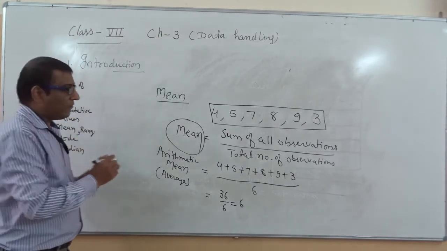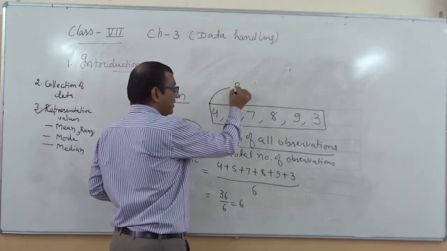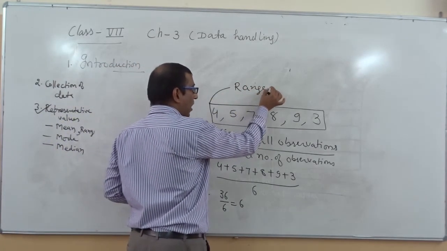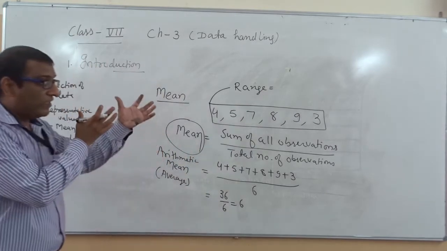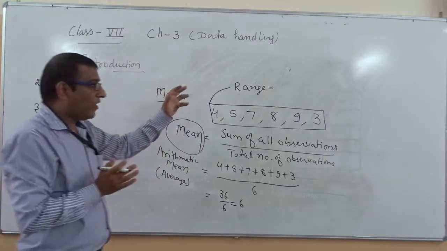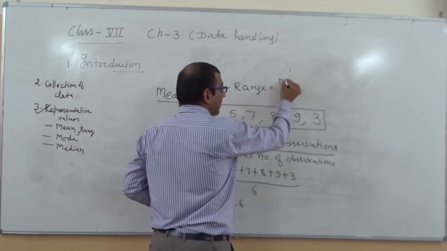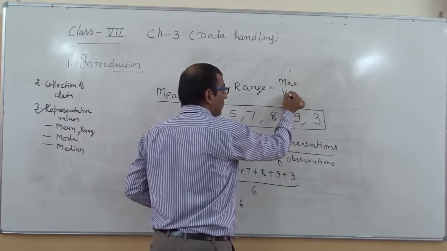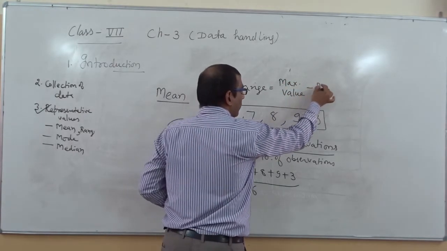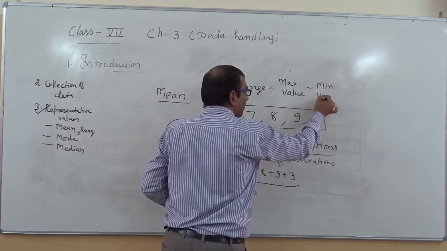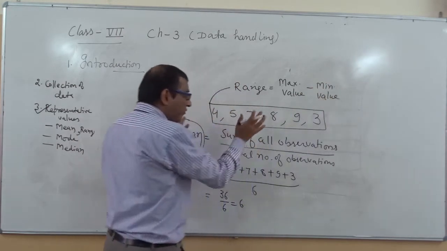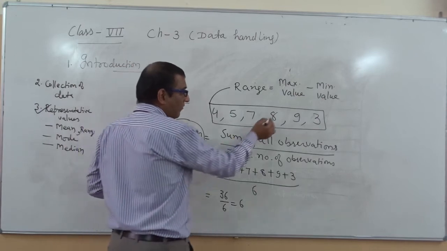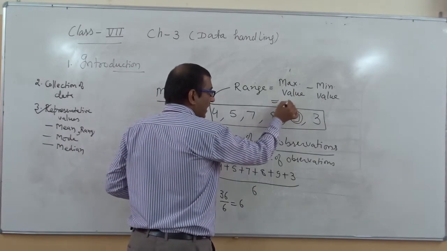Now in the same example, if we want to continue with range, what is the meaning of range? How can we identify the range with the help of these given observations? Basically the meaning of range is maximum value minus minimum value. As you see in these observations, the maximum value is 9, so we write 9.